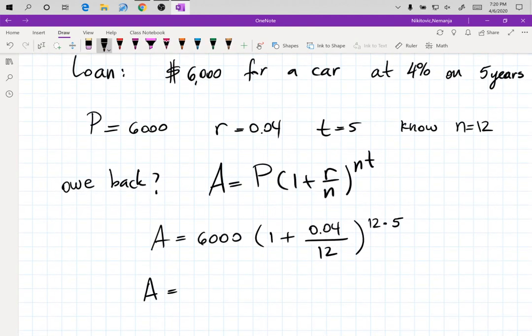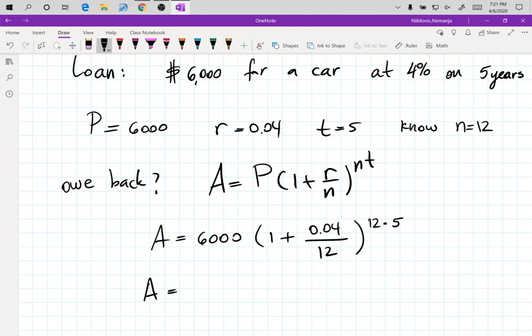Now it's time to take your calculator and calculate how much would this cost. I see $20 per month. $20 per month for this car. I'm not talking about renting, I'm talking about buying.